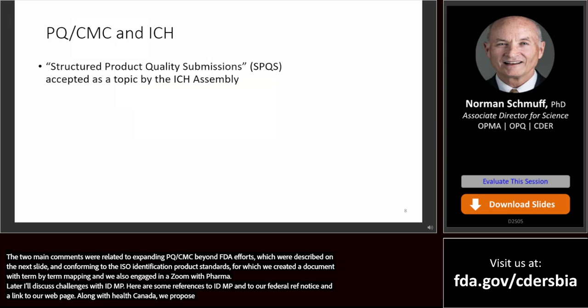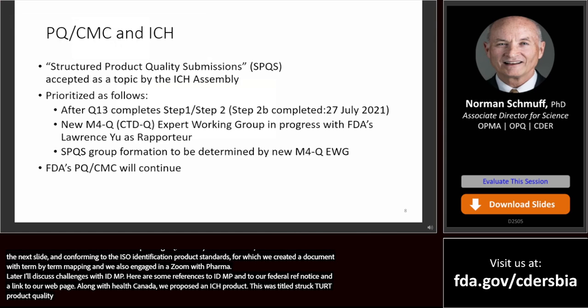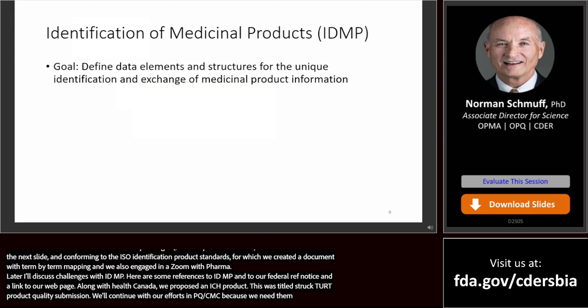This proposal was accepted as a new topic called Structured Product Quality Submission to start after progress is made on the CTD-Q revision by the M4Q working group, which is ably chaired by Lawrence Yu. We anticipate next year as the start date for the SPQS group. But we'll continue with our efforts in PQCMC because we need them to support the CASA initiative.